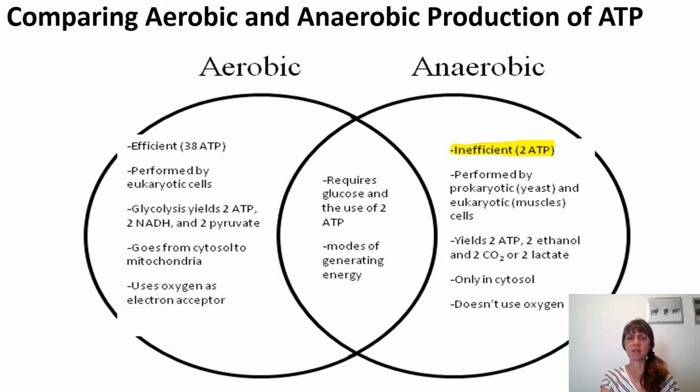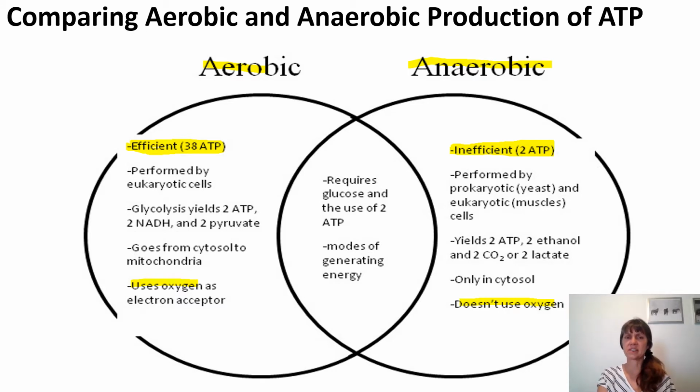We get 2 molecules of adenosine triphosphate. With aerobic, we are much more efficient, 36 to 38 molecules of adenosine triphosphate. We must have oxygen with aerobic respiration, and we have no oxygen with anaerobic respiration.